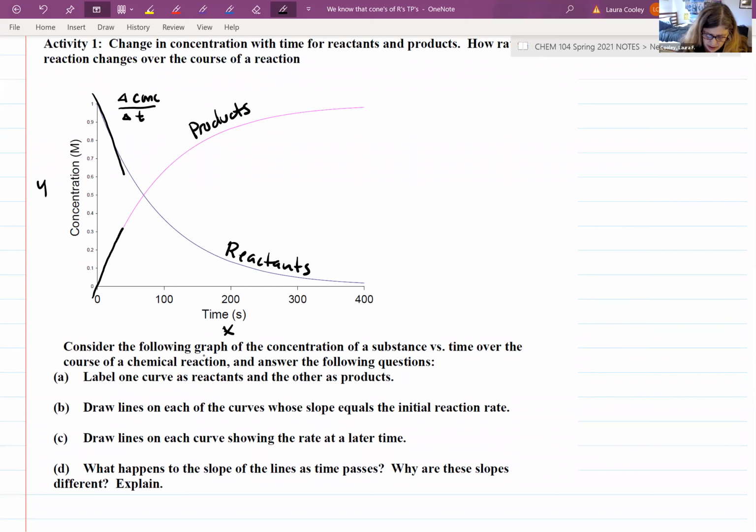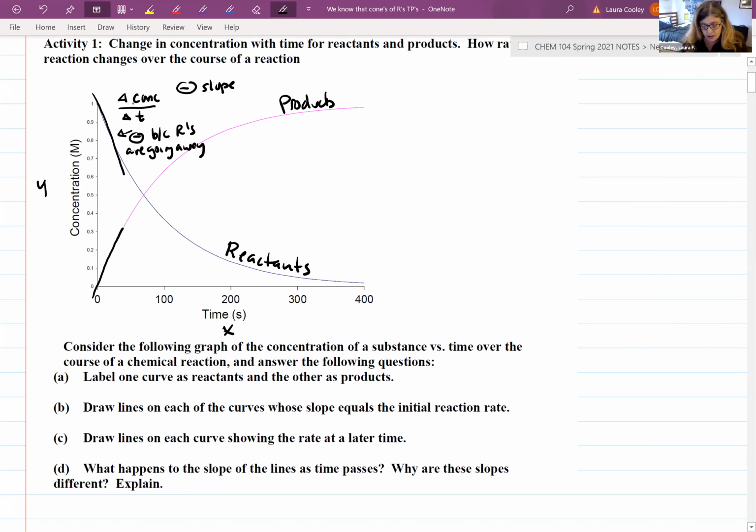Now, you could see here that we have a negative slope. And notice this is corresponding to the reactants curve, even though products is written underneath it. That's not very fortuitous. Because this negative slope is because the reactants are going away.